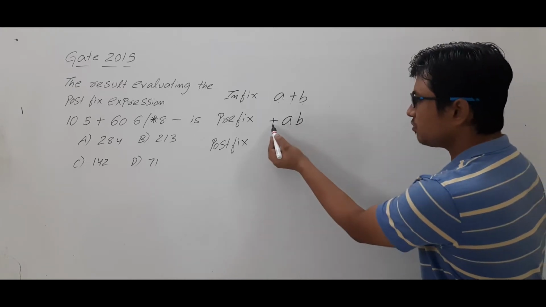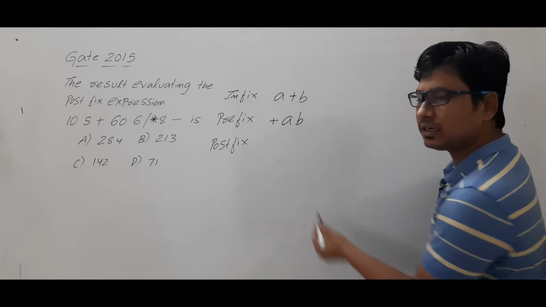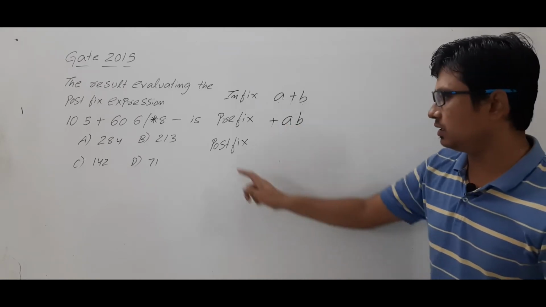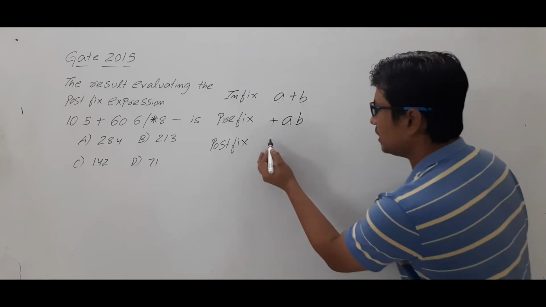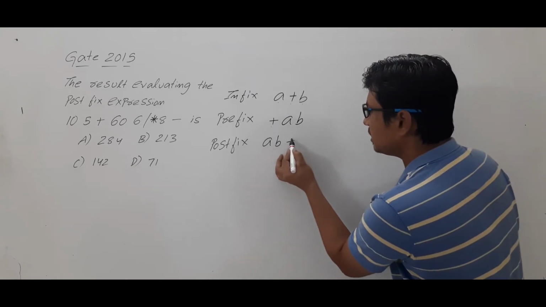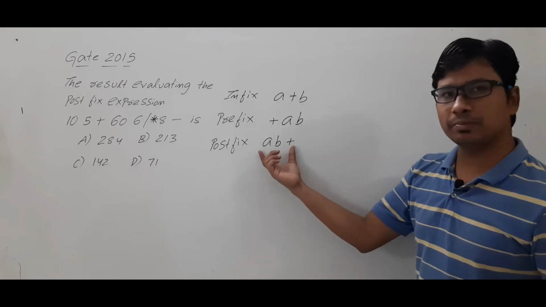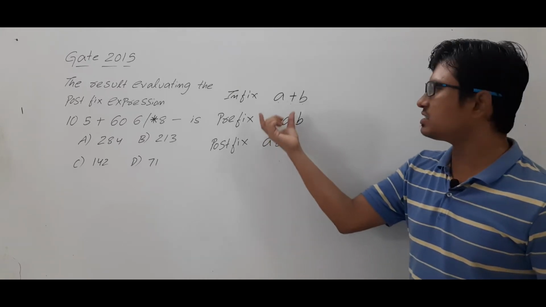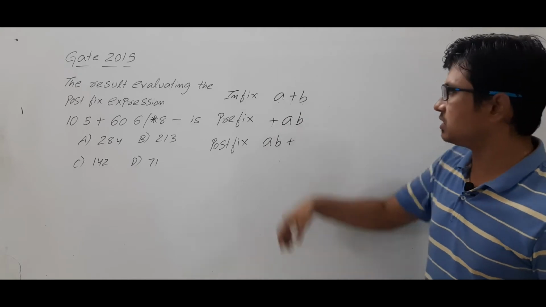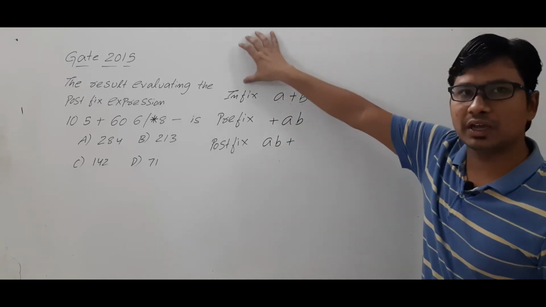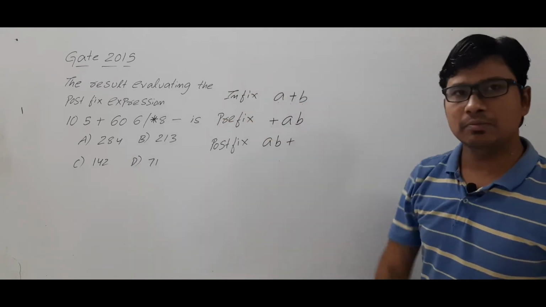So in prefix you write the operator addition, then a and b, which is nothing but a plus b only. Postfix means you will have the 2 operands, then you will have the operator. So this is the postfix representation, this is the prefix and this is the infix representation. Based on the position of the operator, we have infix, prefix and postfix notation.